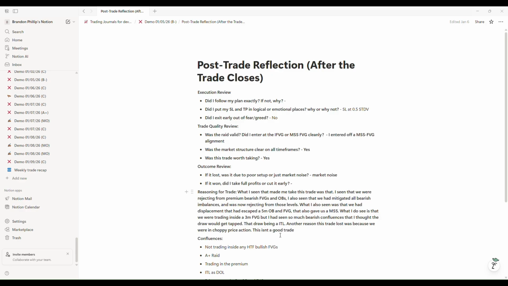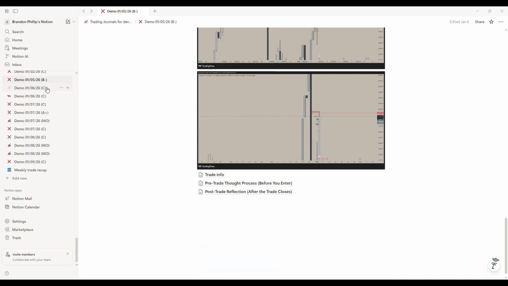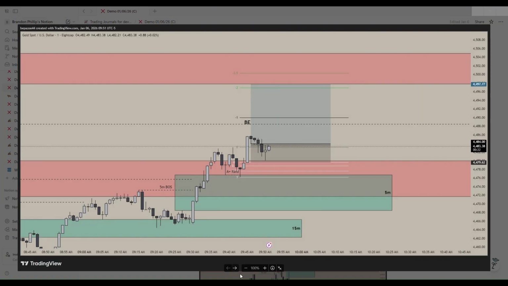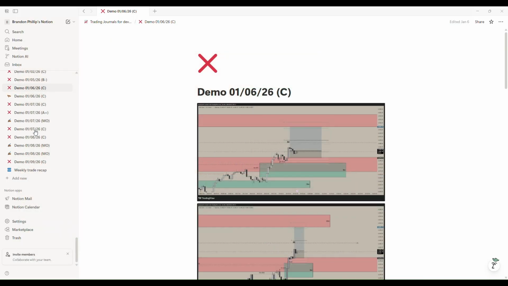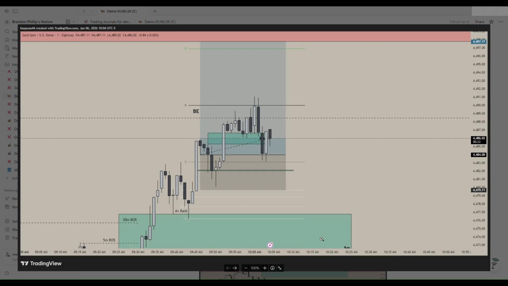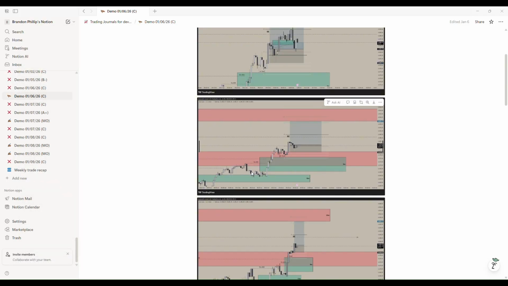Oh, we were trading in accumulation, right? This one, my stop loss was too small. This one, why did this one fail?